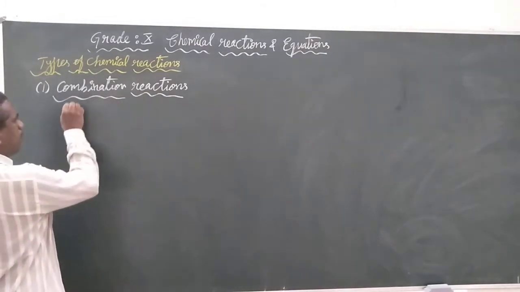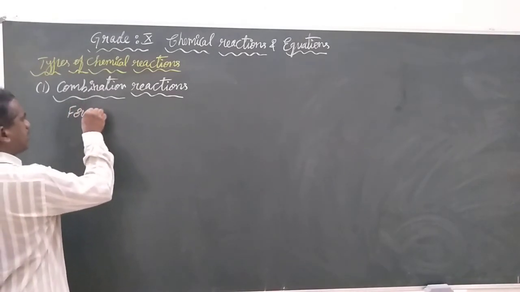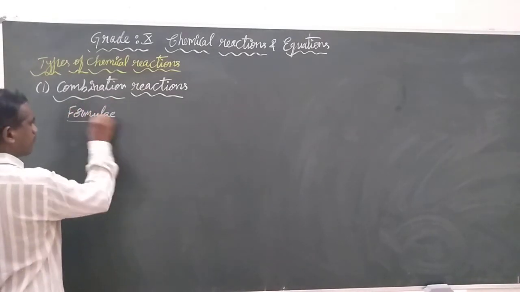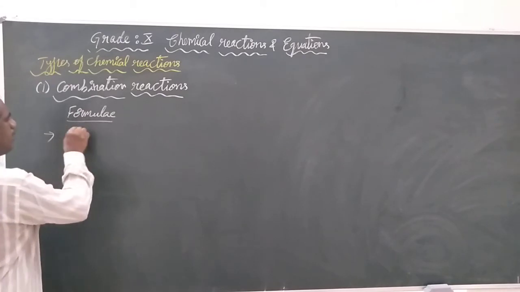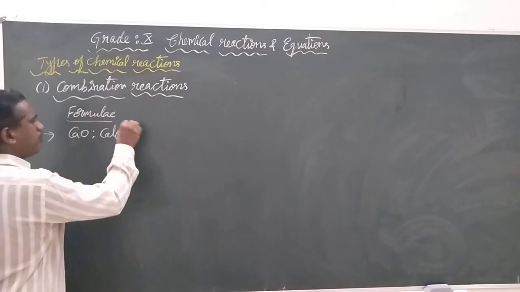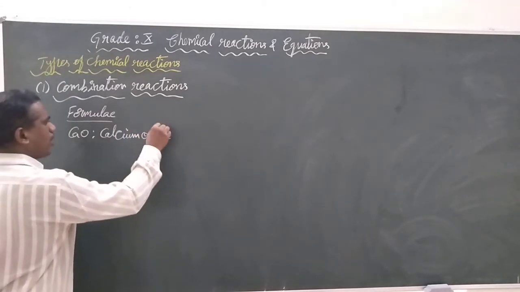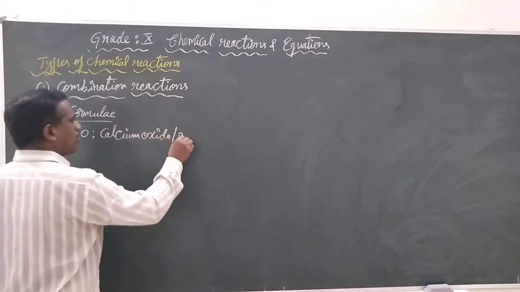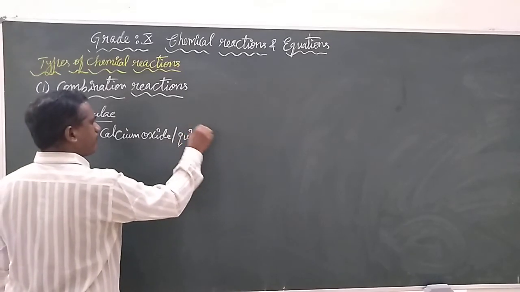The first formula that we are studying here is CaO. Chemically it is called calcium oxide or quicklime.